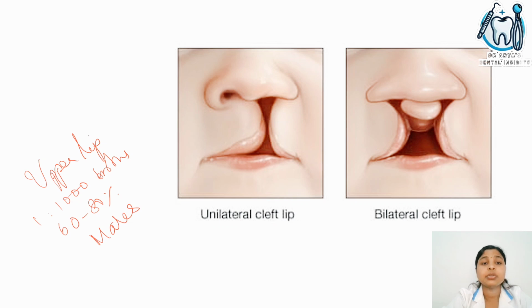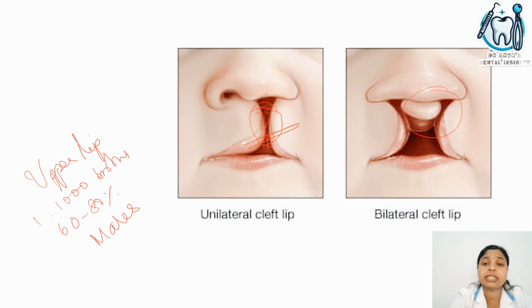Unilateral cleft lip is due to the failure of fusion of maxillary process with medial nasal process of the same side. In bilateral cleft lip, it is due to the failure of fusion of maxillary process with the frontonasal process.